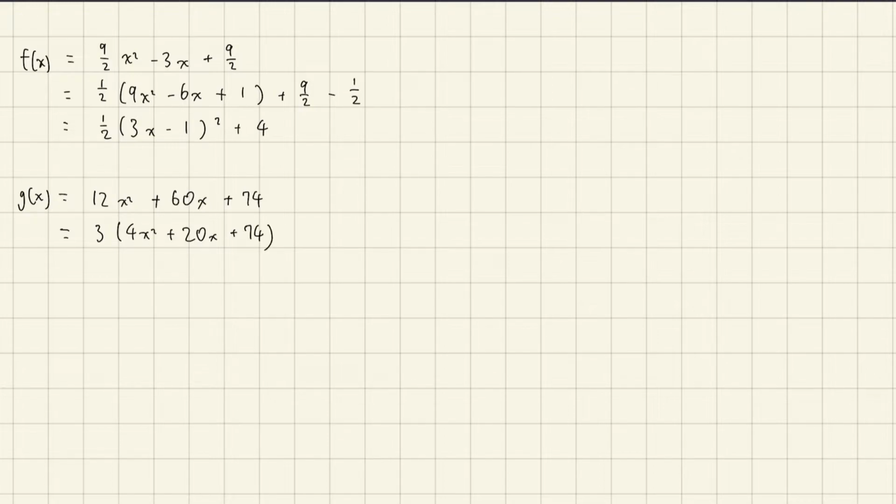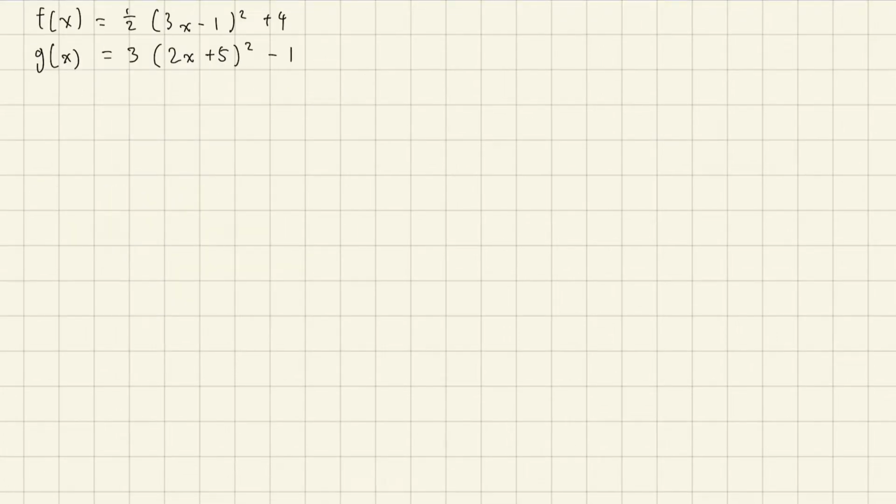And in order to make the inside of the parentheses a perfect square, we can rewrite the equation as 3 times 4x squared plus 20x plus 25, with an additional 74 and negative 75 on the outside. This comes out to g of x's vertex form being 3 times 2x plus 5 squared minus 1.